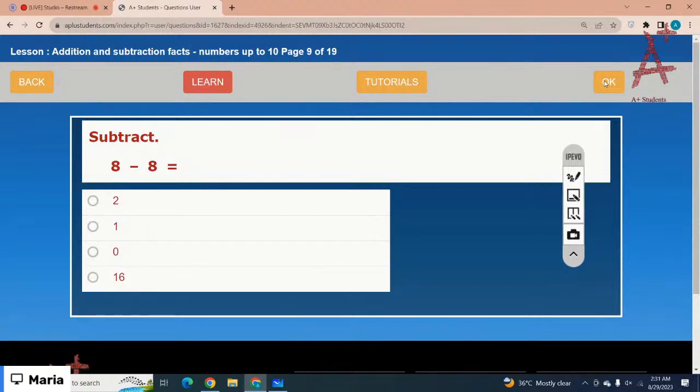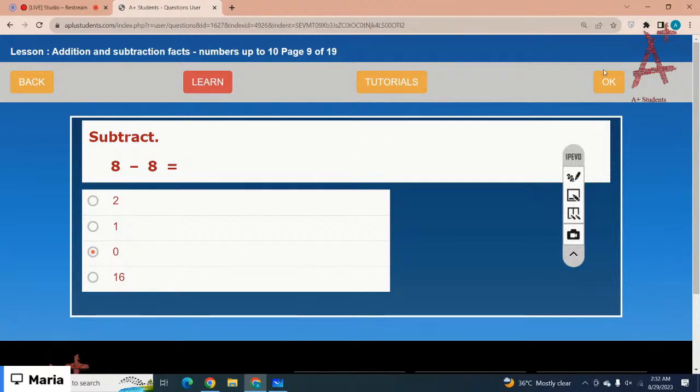The next one is subtract: 8 take away 8 equals 0.